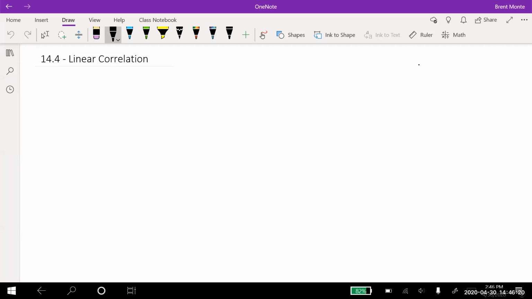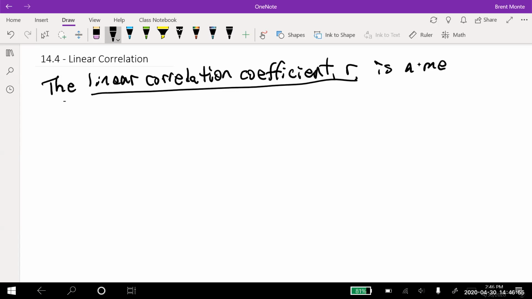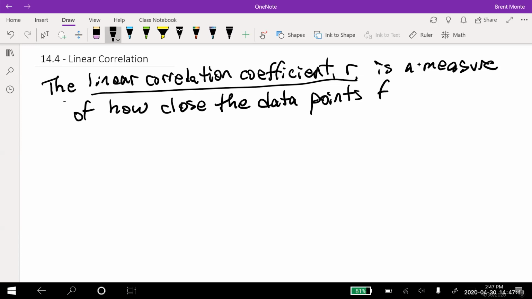And this is going to start very similar to the coefficient of determination we saw in the last section, but we've got something called the linear correlation coefficient, and it's denoted as R. So the linear correlation coefficient R is a measure of how close the data points fall to a line. I would say a straight line, but all lines are straight, so that's redundant.